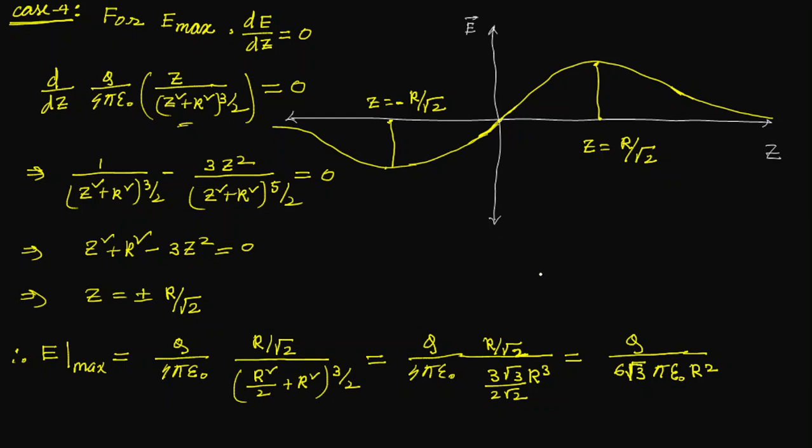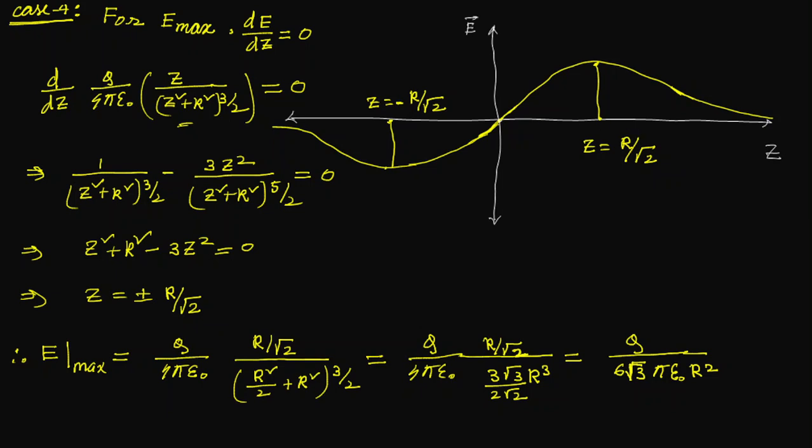So when a circular loop carries a uniform charge density over its length, and the total charge is Q, and the radius of the circular loop is R, then the maximum electric field on the axis will be Q divided by 6 root 3 pi epsilon naught R square. And this will be maximum at Z equals R by root 2.